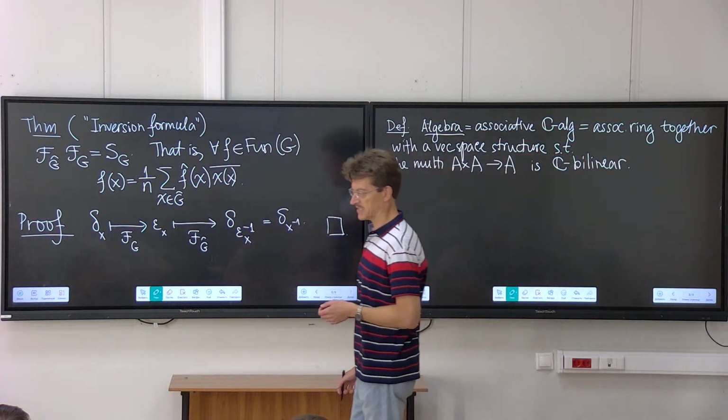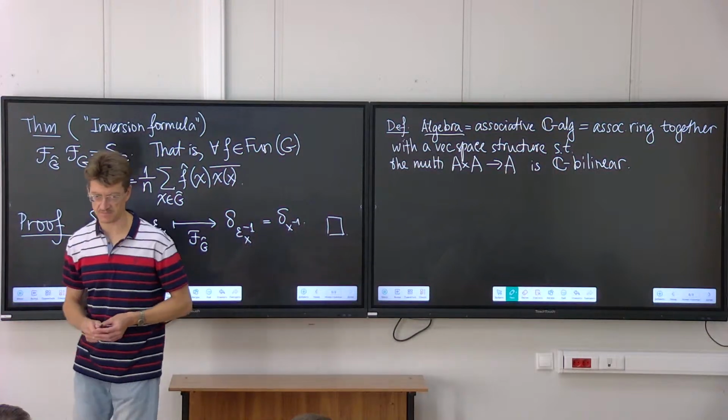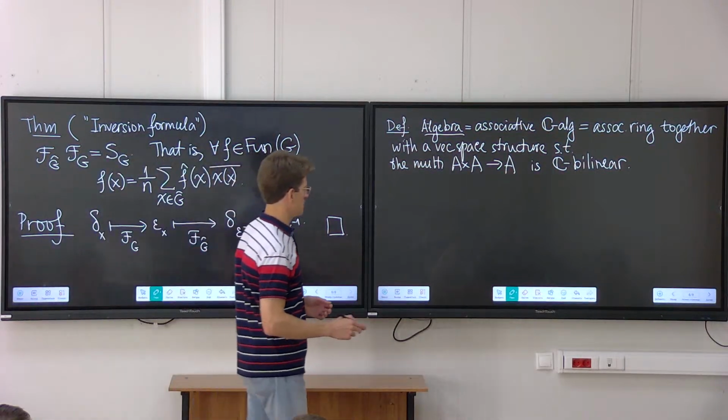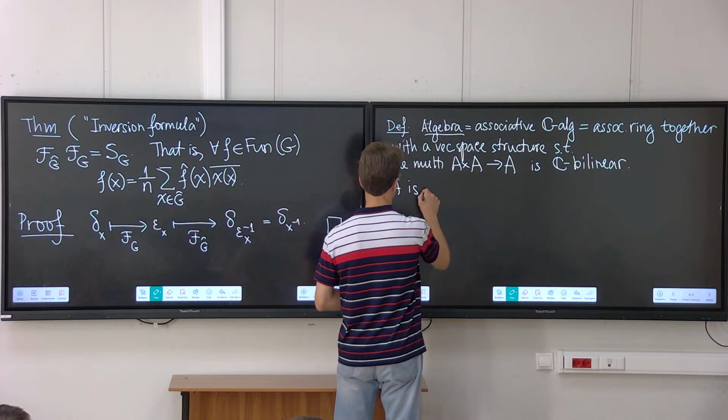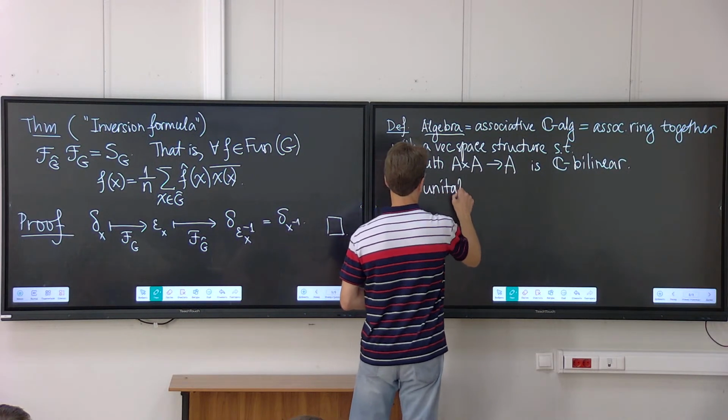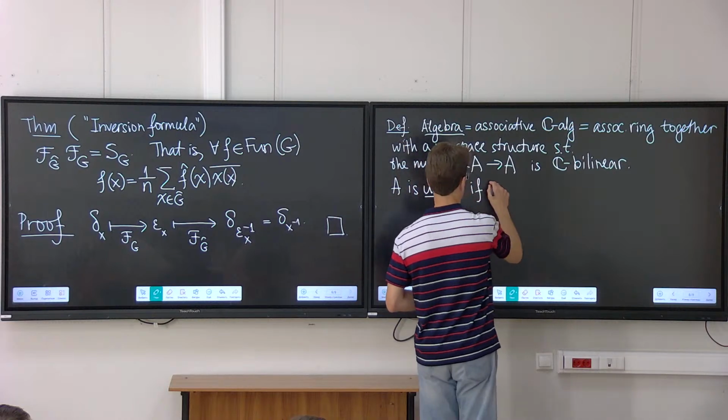In general, our algebras are not assumed to have an identity. And an algebra with an identity is called a unital algebra. Let's say that A is unital if it has an identity element.